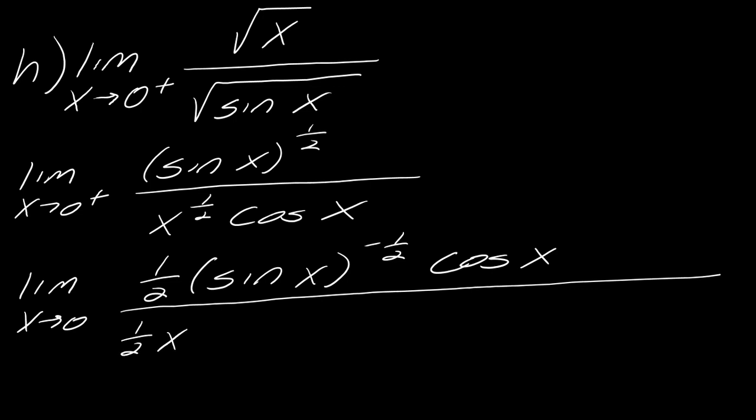So this is going to be 1/2 x to the negative 1/2 cosine of x minus x to the 1/2 sine of x. And now this is just a bigger mess, right? This is even worse than where we started. So I can see now that if I just keep taking derivatives, this is just going to get bigger and bigger. This is just going to spiral out, and we're not going to drop any x's, which is the hope when you're taking derivatives.